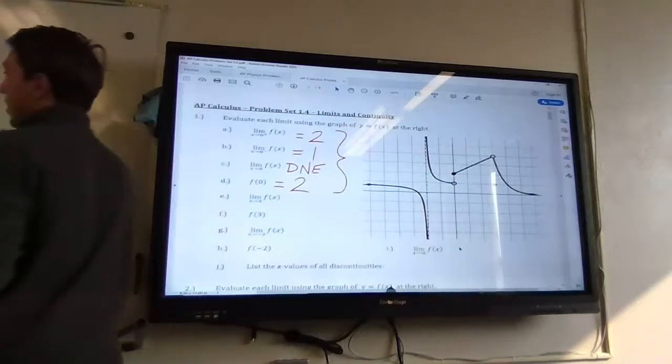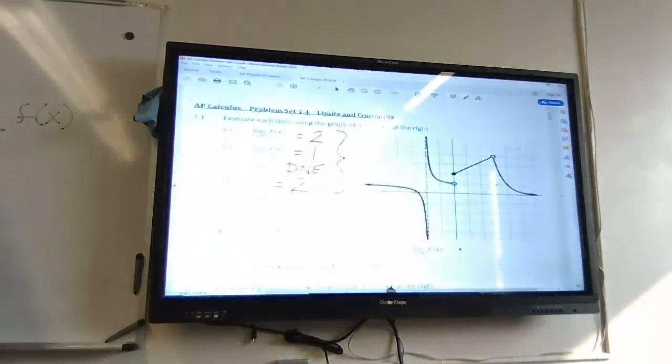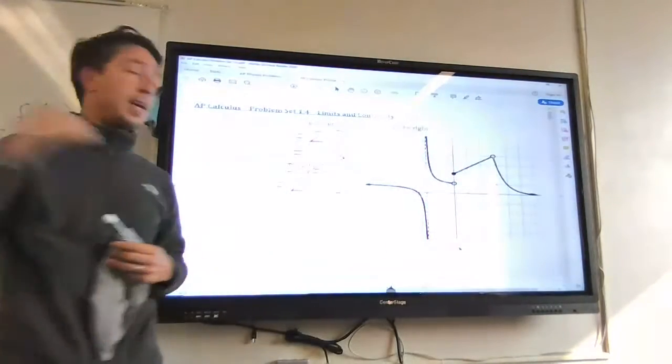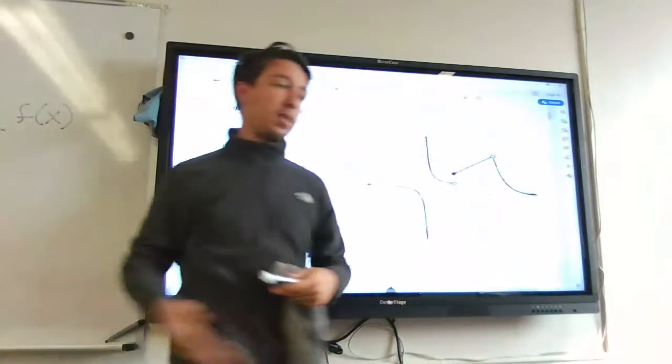So if you want a really precise statement, it's this limit only exists if these are the same. So if the right limit, like in this case, is 2 and the left limit is 1, well, they're not equal, so therefore the limit doesn't exist.